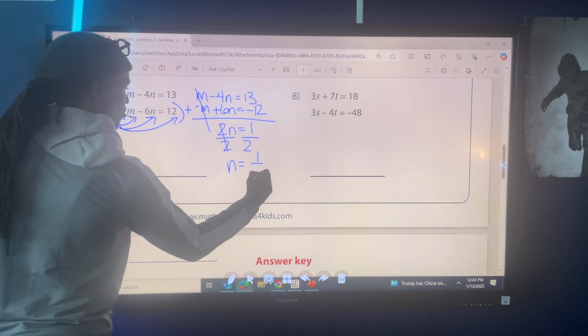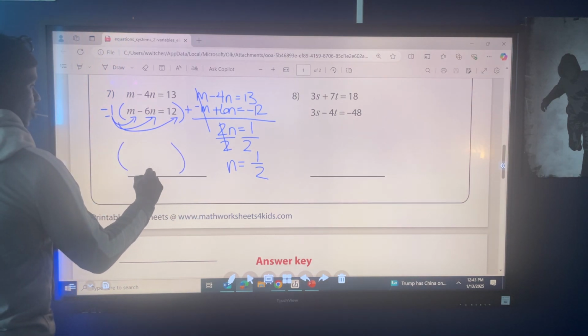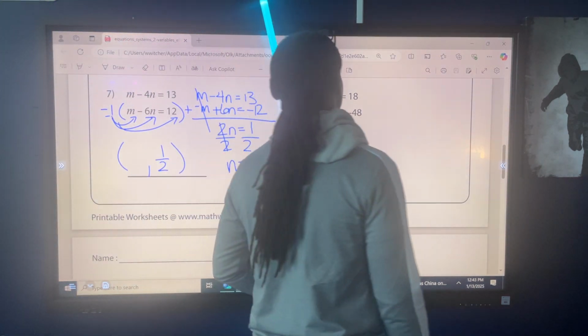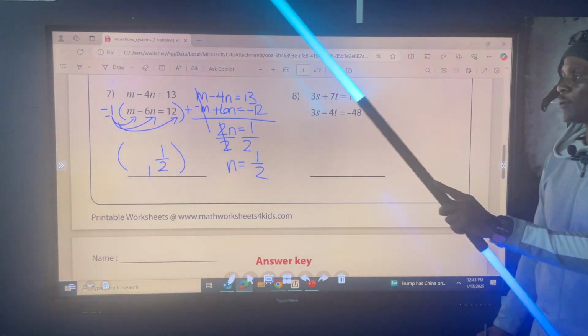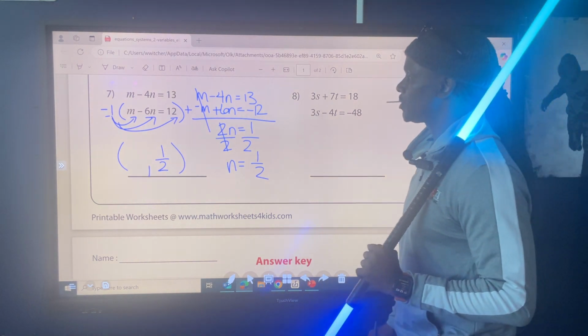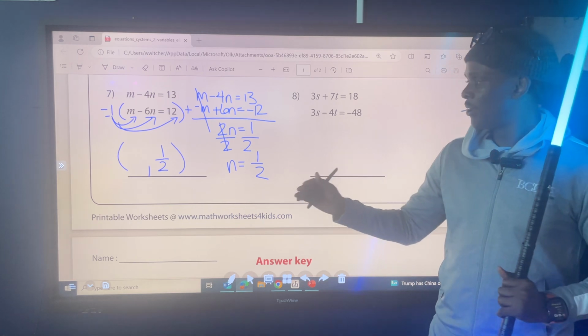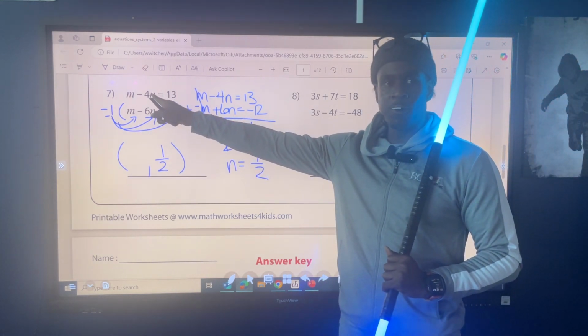N is what? 1/2. Okay. So we know one of them is 1/2. Take that 1/2 and do what? You want to plug it into the top or the bottom? Take it to the top. Watch this. Make it simple. If you're taking half of 4, what's half?